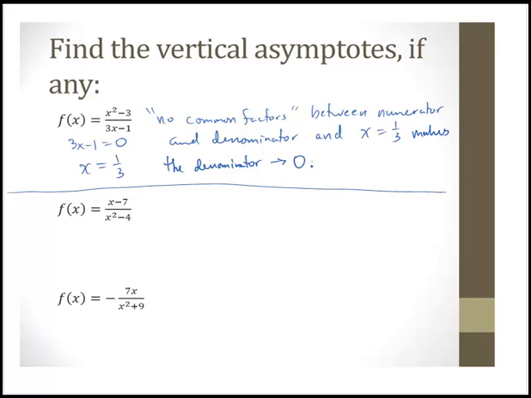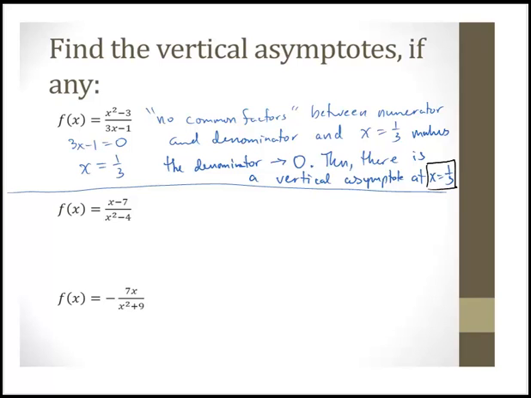So what that tells me is there will be a vertical asymptote at x equals 1/3. All right, so for that function, I expect a vertical asymptote at x equals 1/3.